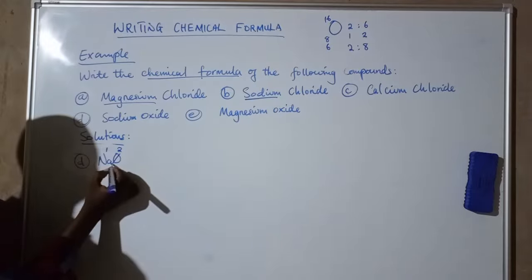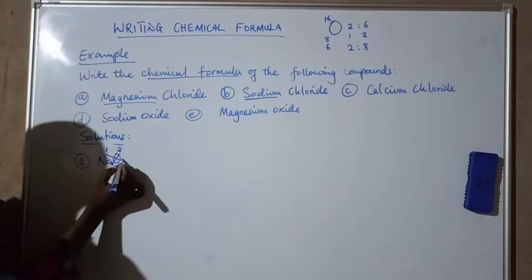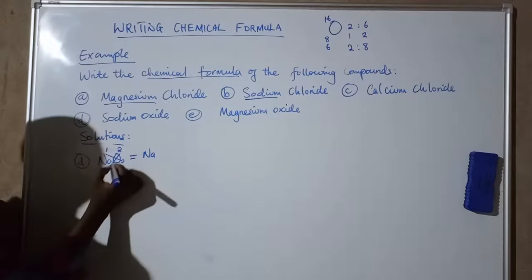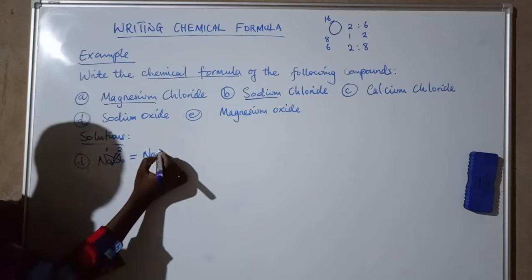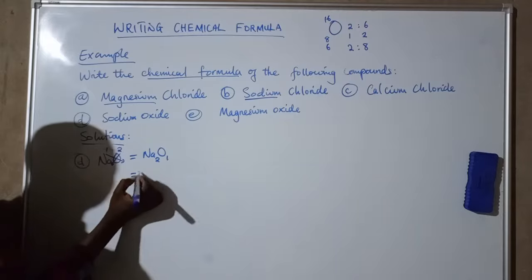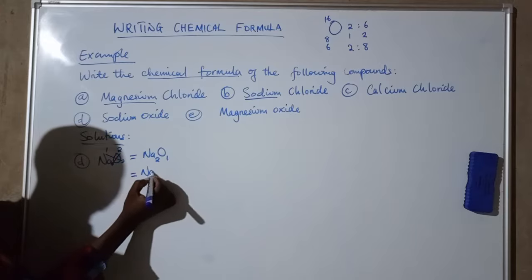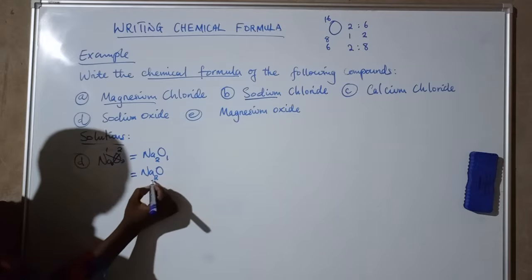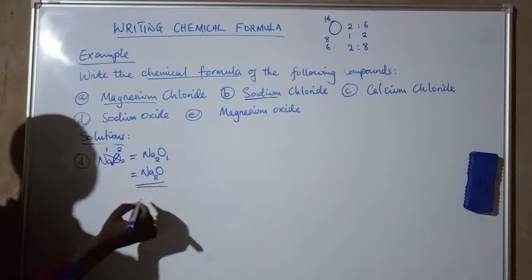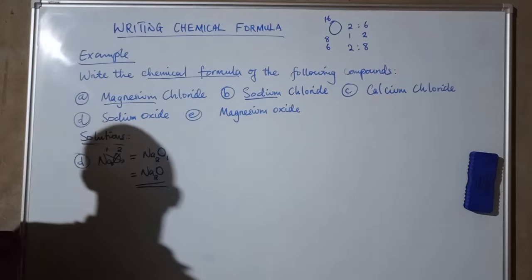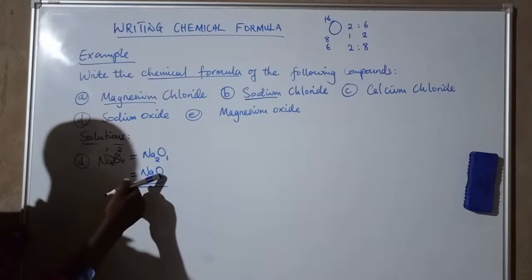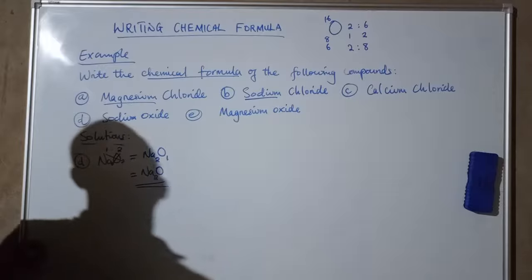Then we swap, the 2 comes here, then the 1 comes here. So that it goes like sodium, this 2 comes here, then the oxygen with it, this 1 comes here. Then I said the 1 is never indicated, so this one will be sodium with the 2 there and oxygen like that. So this one becomes the chemical formula for sodium oxide, meaning that 2 atoms of sodium combine with 1 atom of oxygen to form sodium oxide.